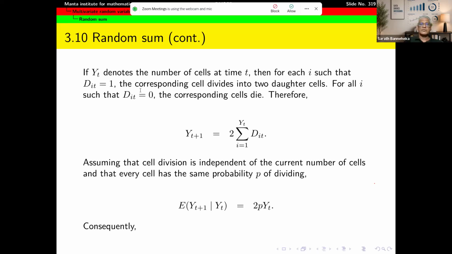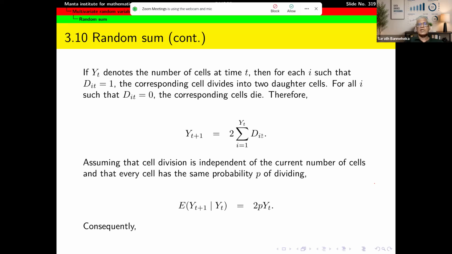Therefore, the number of cells at time t plus 1, which is denoted as Y_t plus 1, will be 2 times the sum of those D_it terms, where the number of terms will be equal to Y_t, because at time t there were Y_t cells. So for each of those cells, there is a corresponding D_it, right? Whenever D_it is equal to 1, the corresponding value at t plus 1 will be 2 times 1.